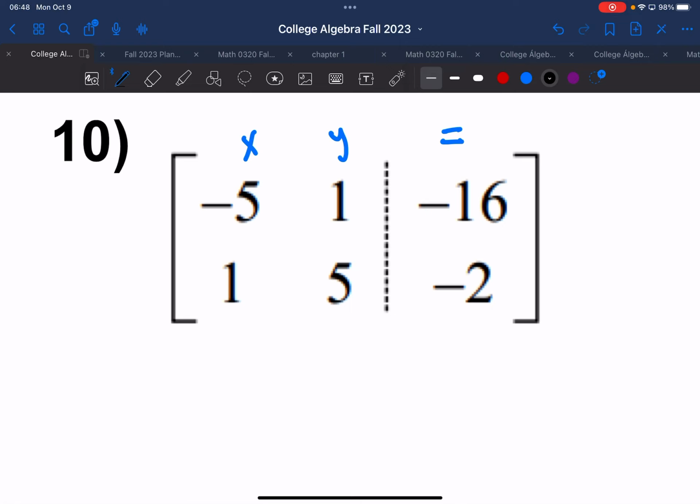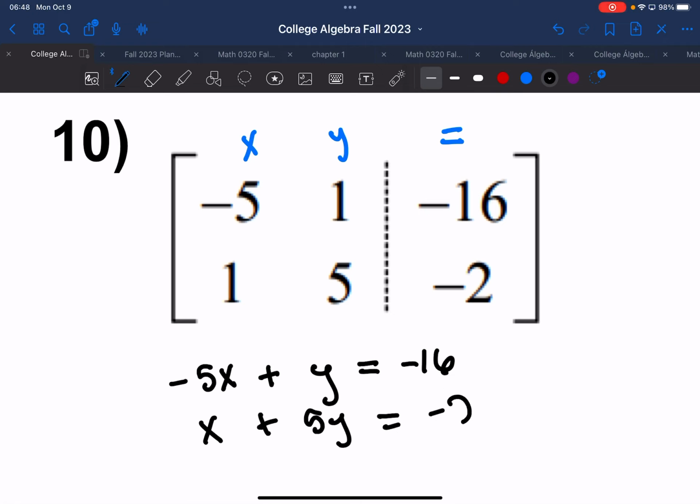Okay, so you should have got -5x plus y, because we don't need to write 1y, is equal to negative 16. And then x plus 5y is equal to negative 2. You could place the ones there if you wanted, but the correct way would just be without the ones, just the variable.